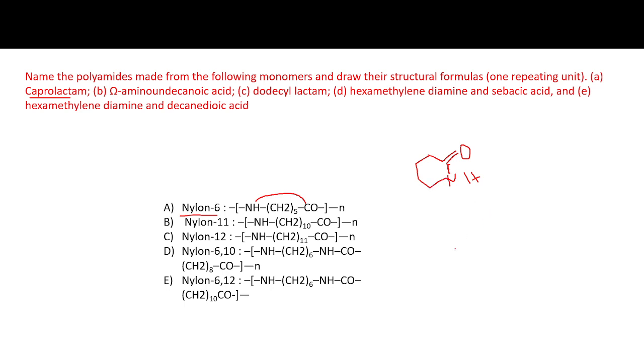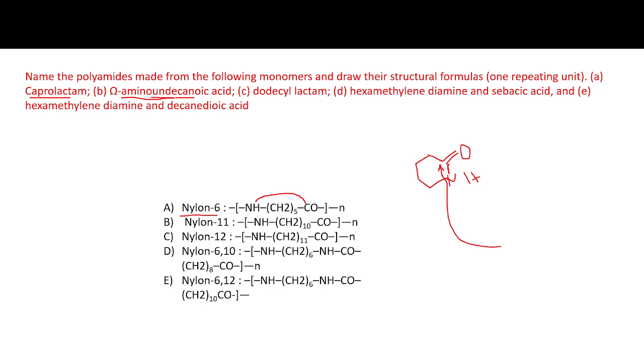In this, some initiator will come here, so the ring will open and we get nylon 6. Similarly, omega undecanoic acid. From this undecanoic acid, there will be the presence of 10 CH2 groups.